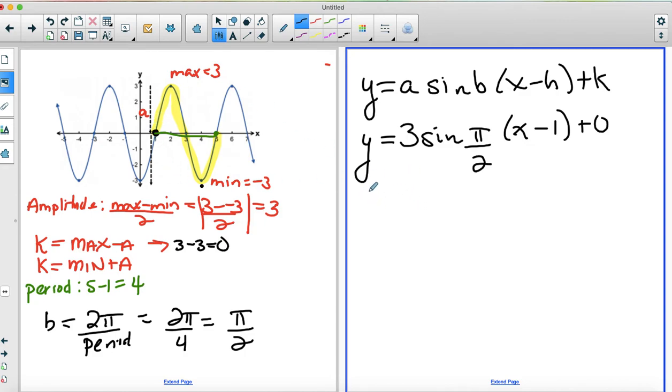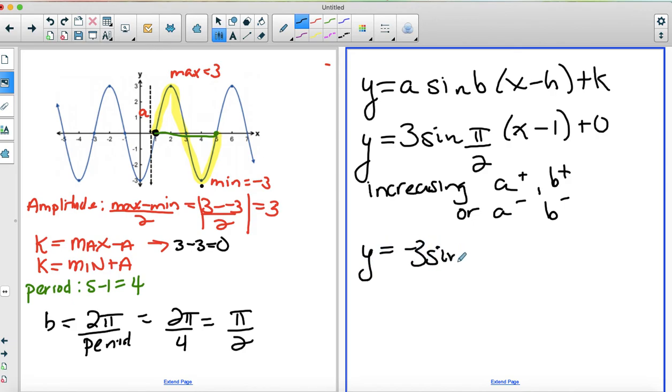And because this is an increasing function, a can be positive, and so is b. Or a could be negative, and b is negative. So you could also write y is equal to negative 3 sine negative pi over 2 x minus 1, and you're done with it. So that's how you do the rules.